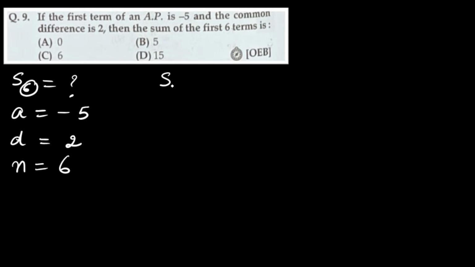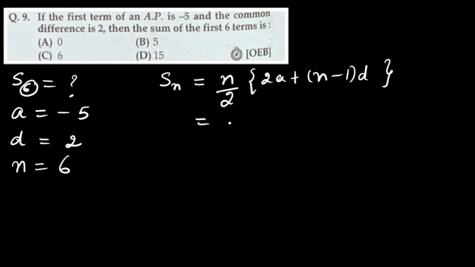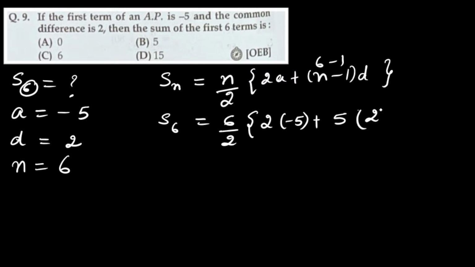Let's use Sn's formula, the same formula we used in the previous question: n by 2 into 2a plus n minus 1 into d. n's value is 6, so S6 is 6 by 2, 2a, which is 2 into -5, plus 5d, since n minus 1 is 6 minus 1, which is 5.